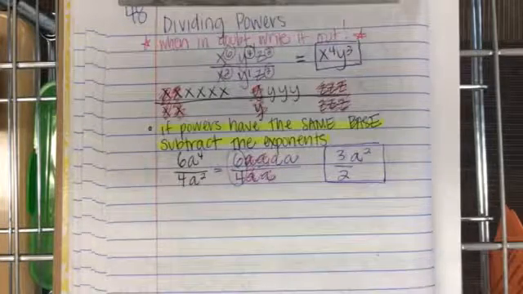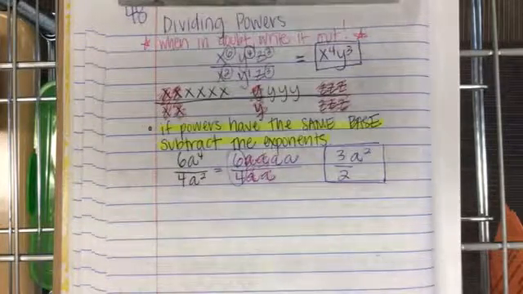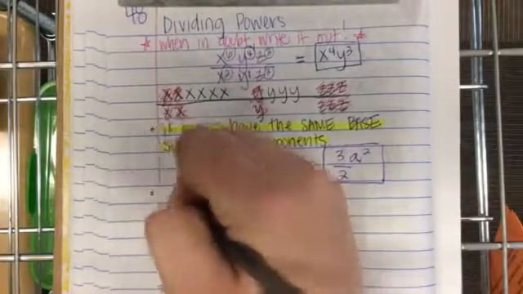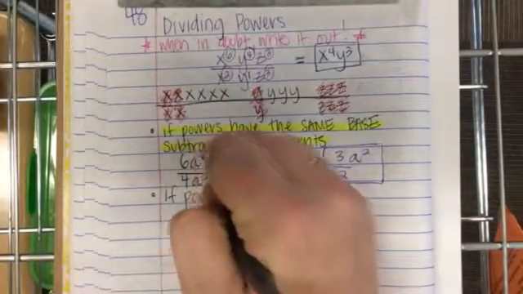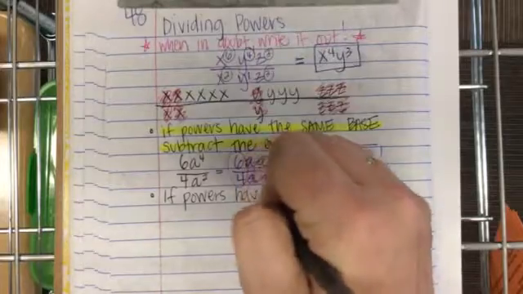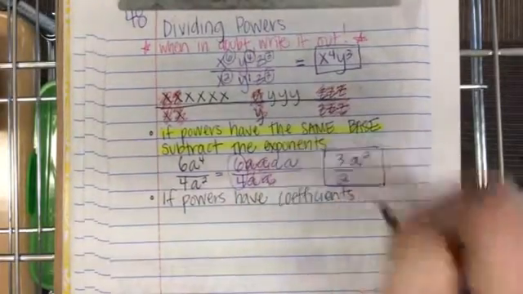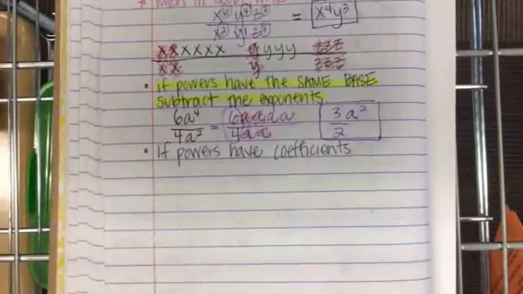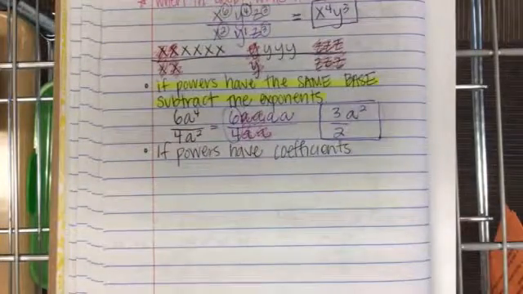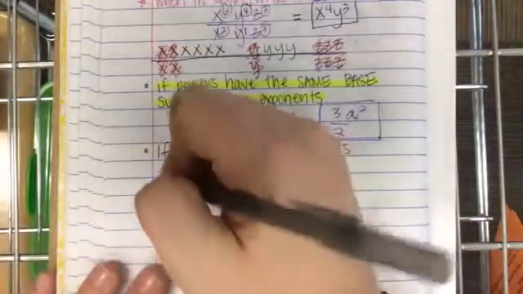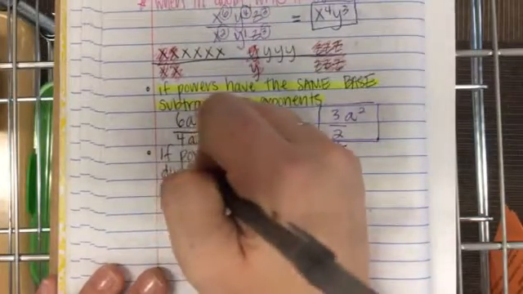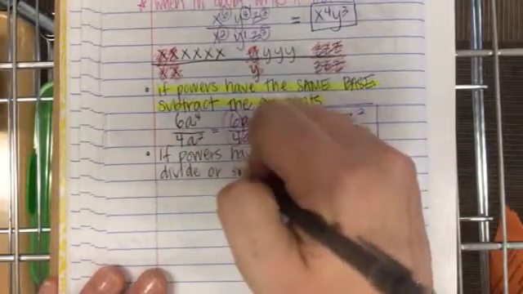So, if powers have coefficients, what do you do? You divide them. Or what else can we do if it's written in fraction form? Simplify them, right?